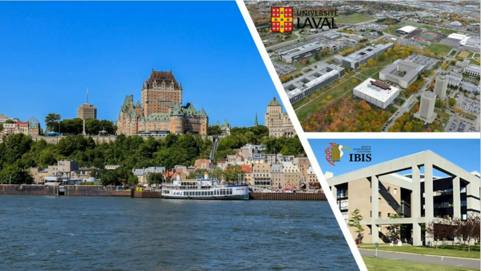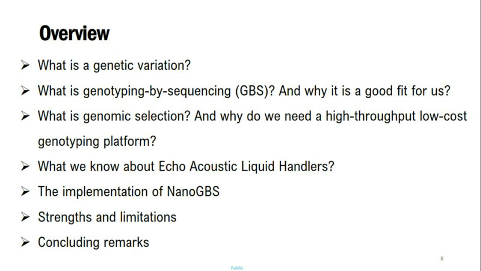Without any further ado, I'm going to show you what I'm going to present today. At first, I will discuss a little bit of what genetic variation is, what genotyping by sequencing is, and why it is a good fit for us.